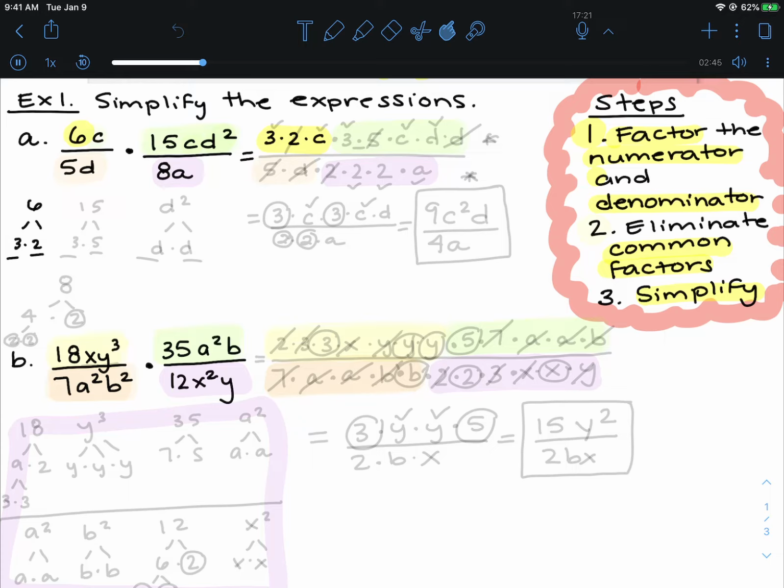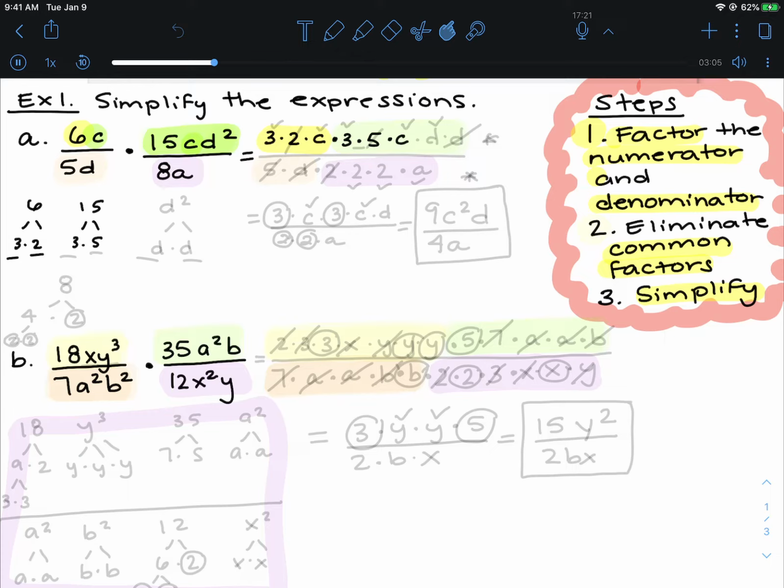Now I'm going to continue with the 15cd squared. I'm going to use a different color for this one. 15cd squared. Okay, so the 15 can be broken down into 3 and 5. So I'm going to multiply this times 3 times 5. This c right here, I cannot do anything else with it because it's already as simple as it can get.